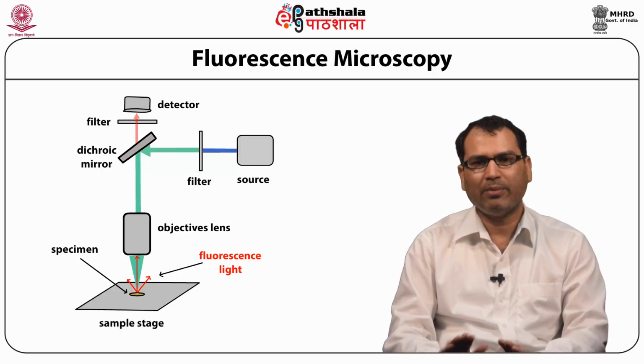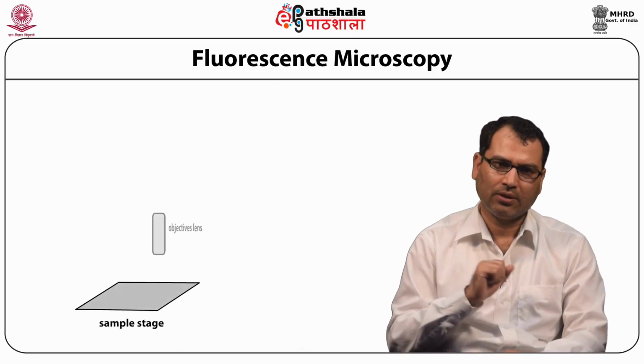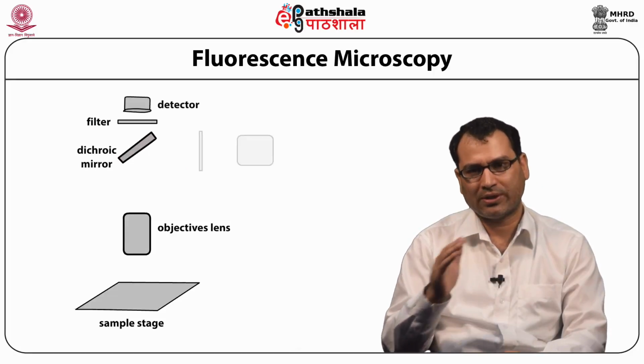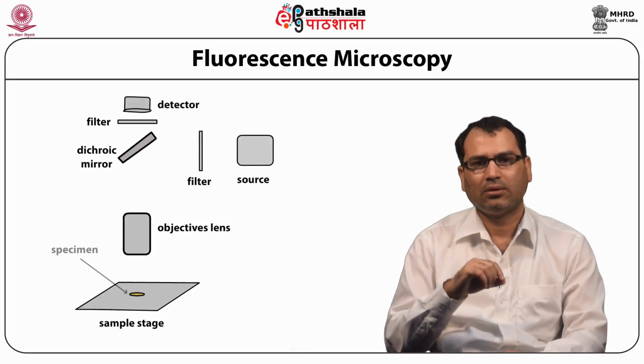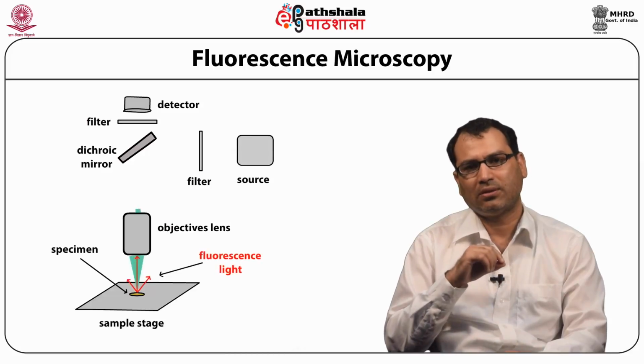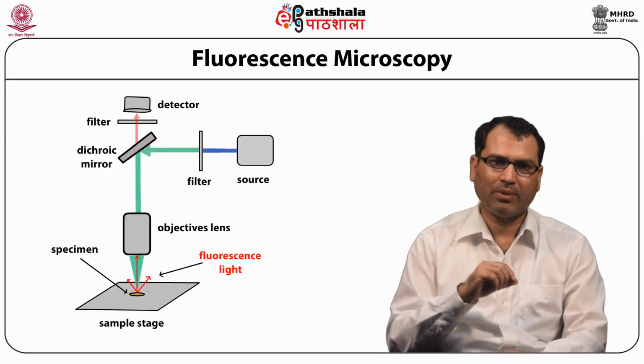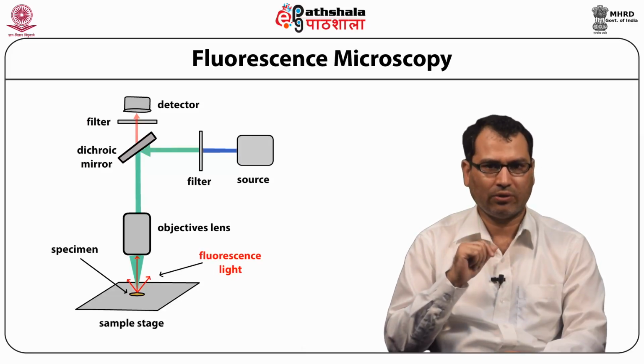So it becomes very important to separate the light which is used to excite the sample from the light coming out as fluorescence and being used for imaging the sample, and that is done by using filters and dichroic mirrors.